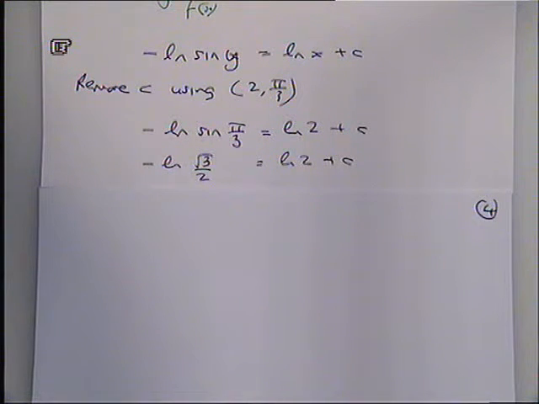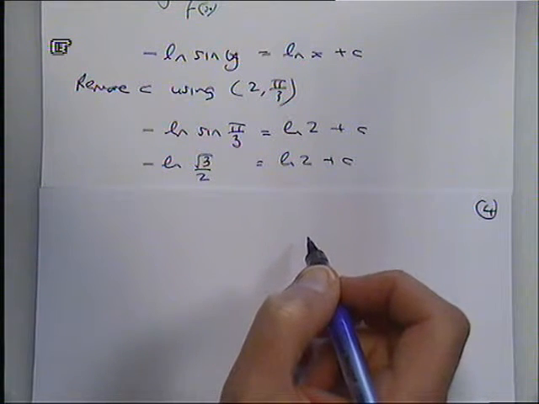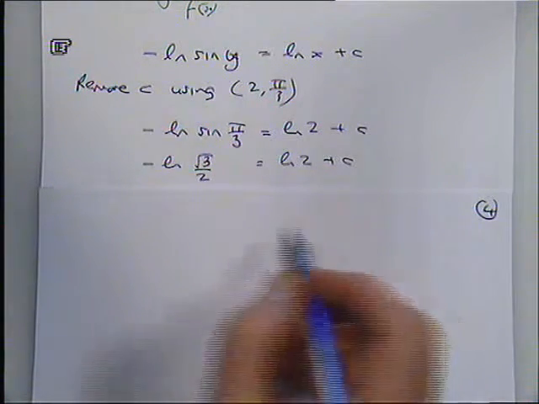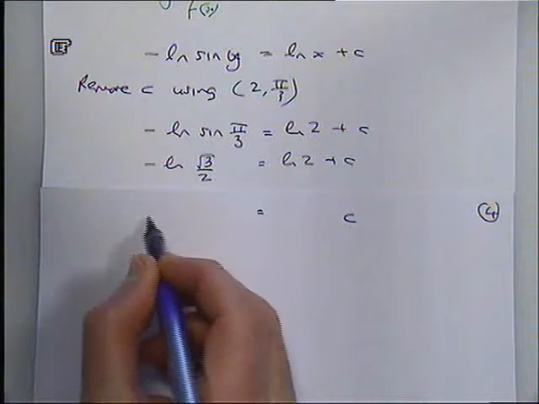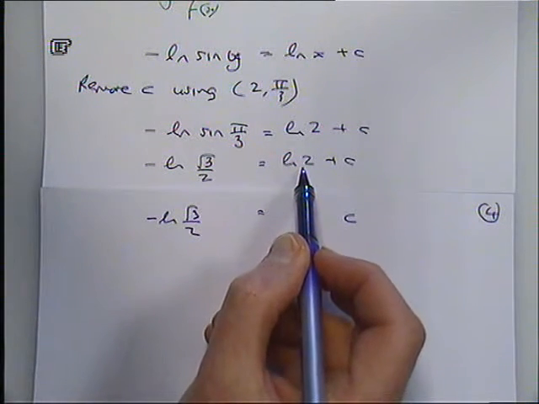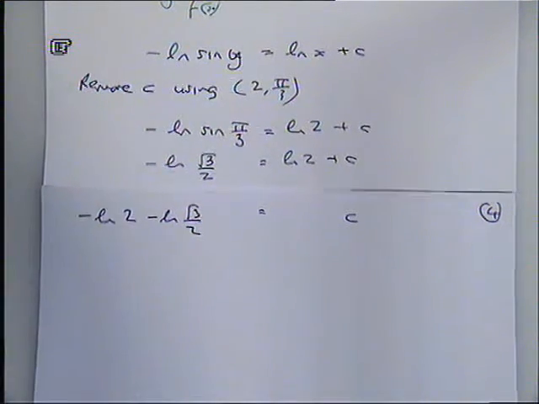Okay. So from here, how do I go and find out what c is? What would be a good thing to do? Get all the logs on one side, yeah. So if I leave the c over there, and I'll leave this log here, this has to come over the other side. It's a plus log 2 over there, it's a minus log 2 over here.